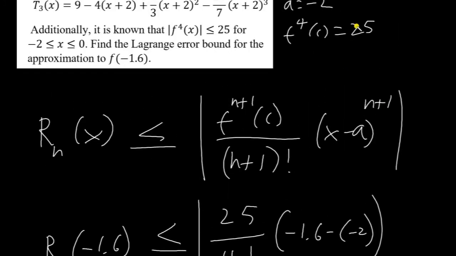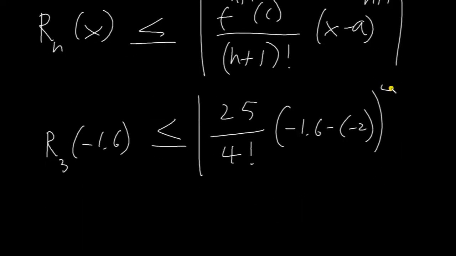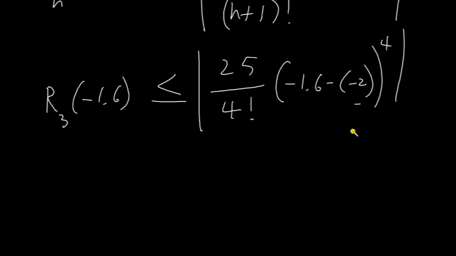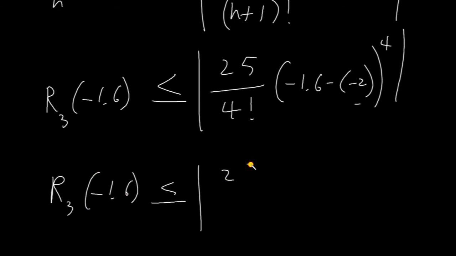And we're raising this to the n plus 1th power. Right? So 25 over 5 factorial times that. So let's simplify this a little bit. 5 factorial is 120. Negative 1.6 minus negative 2 is positive 0.4.